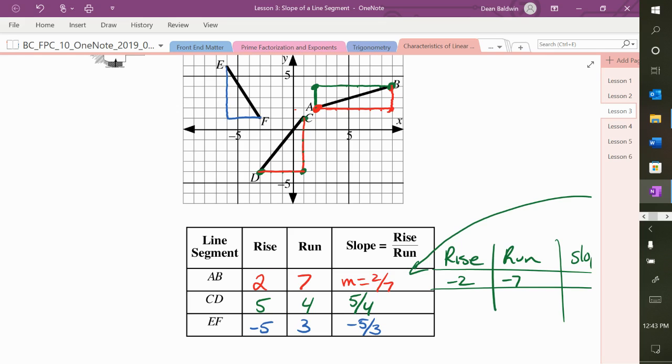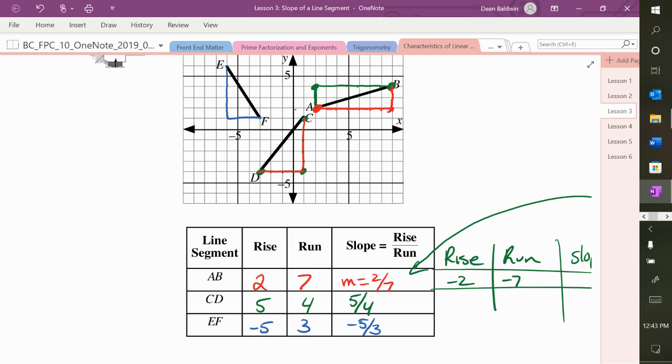You ready? -5 over 3, is that what people got? Yep, but all I care about is the answer, right? Because it doesn't matter.